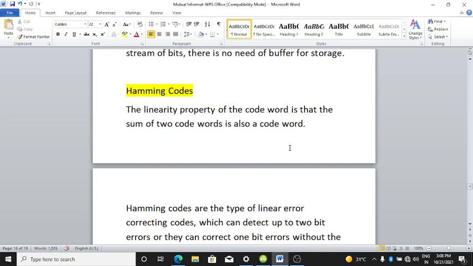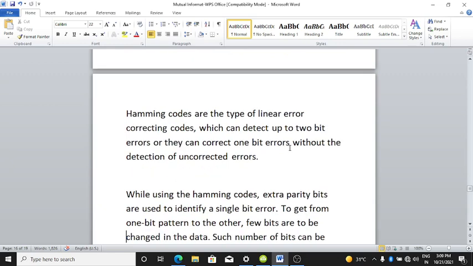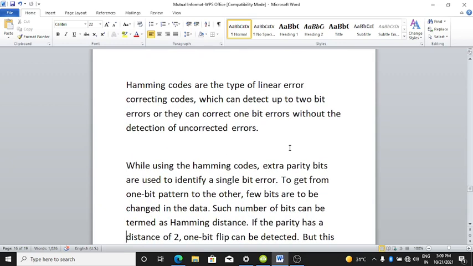Hamming code. The linearity property of the code word is that the sum of two code words is also a code word. Hamming codes are a type of linear error correcting codes, which can detect up to 2 bit errors, or they can correct 1 bit errors without the detection of uncorrected errors.